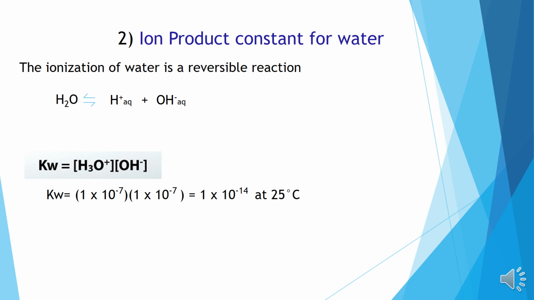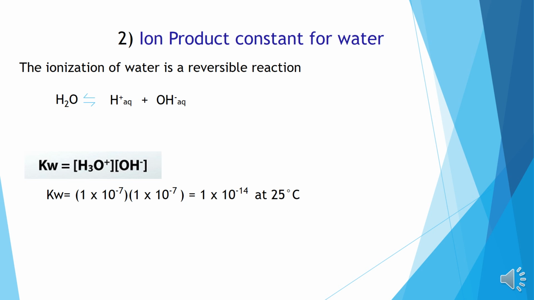Now, what do we mean by the ion product constant for water? Since the ionization of water is a reversible reaction, water in two directions gives H+ plus OH-. The expression of the equilibrium constant for water, which we can call Kw, equals the concentration of H3O+ times the concentration of OH-.